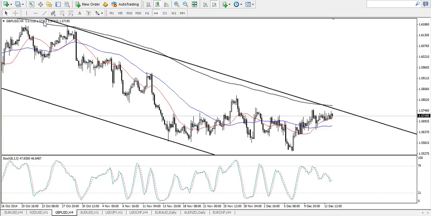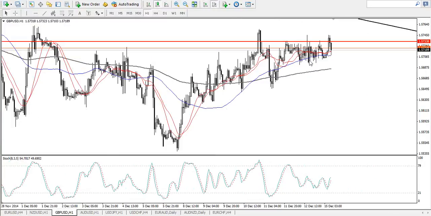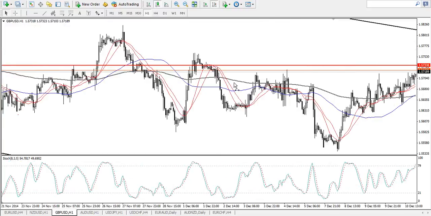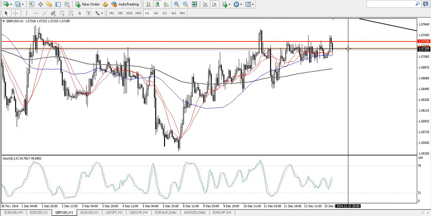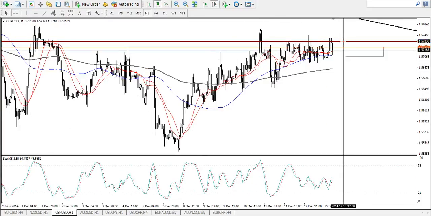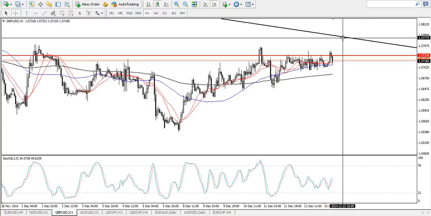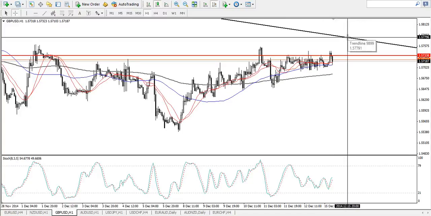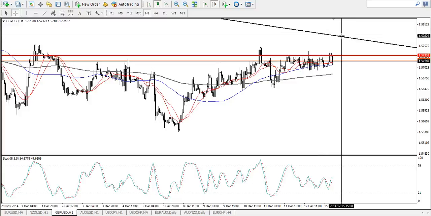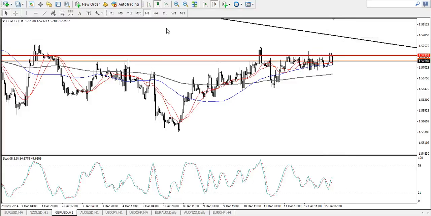One thing to take note of is that the current resistance level is pretty strong, as you can see. The price of 1.5733. So there is a possibility the price may continue to get resisted at this level and may just tumble from here, or if not, we might see a spike going all the way up, touching the top of the falling trend channel, and it begins to reverse all the way.